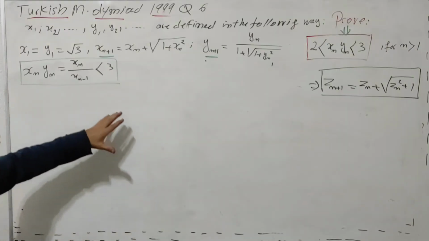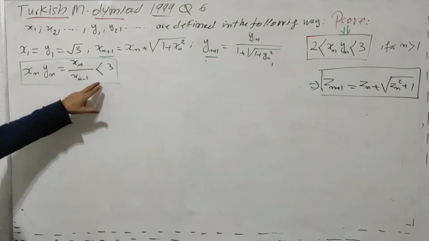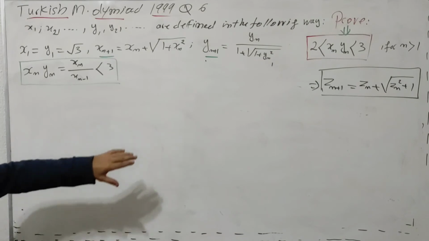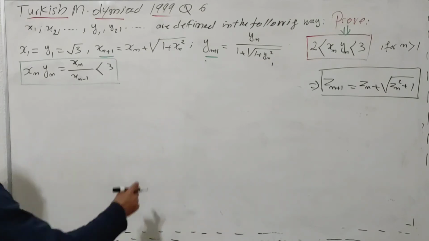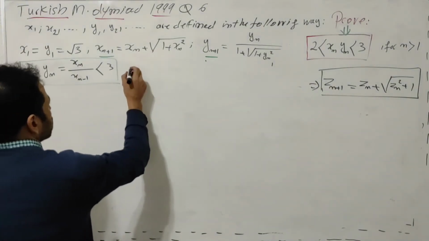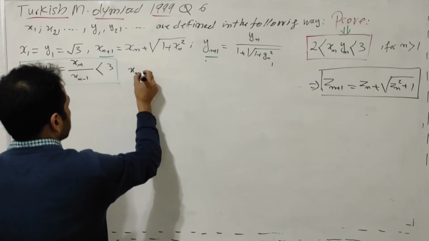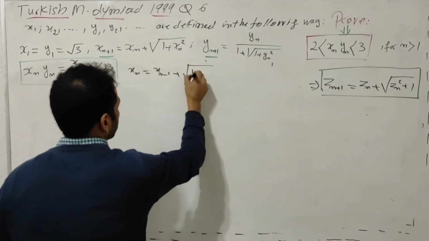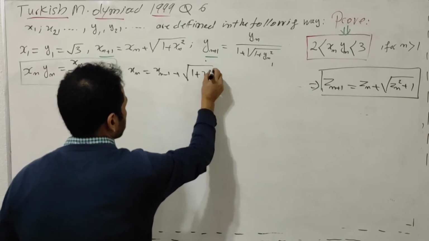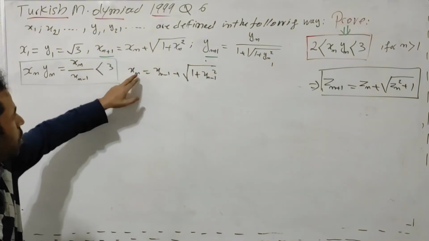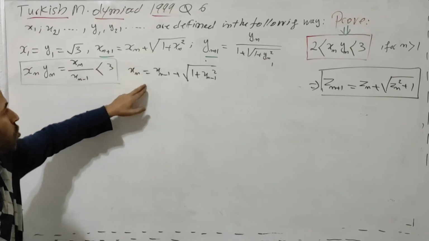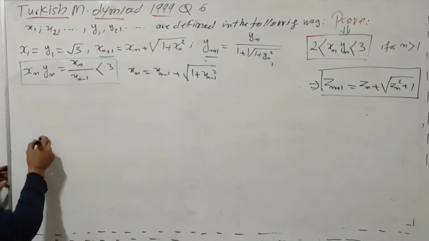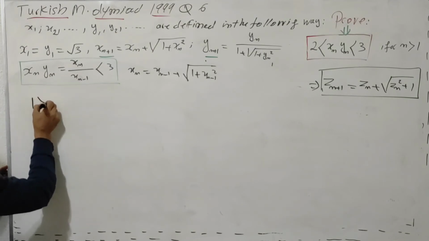Okay, in the last board I was working on this inequality, and came up with this result. Now I'll continue working on the left hand side of this inequality. Okay, as you have here, we have x sub n equal to x sub n minus 1 plus square root of 1 plus x sub n minus 1 squared. I have reduced this equation to this equation. Now, as we know, 1 is strictly superior than 0.